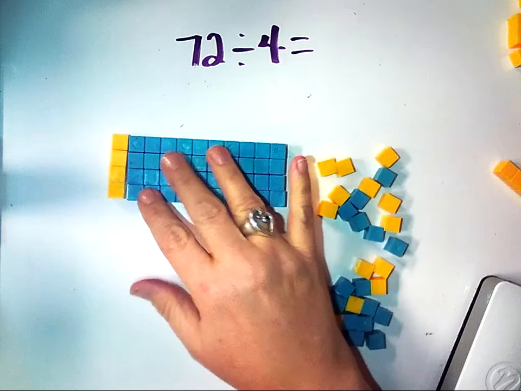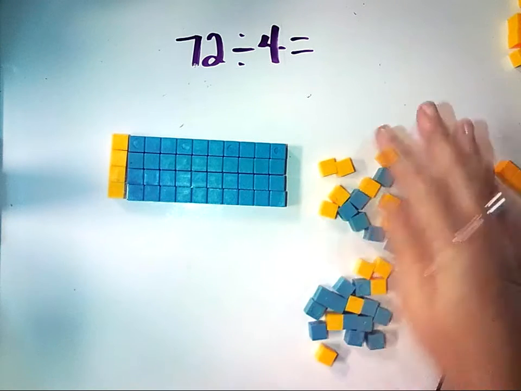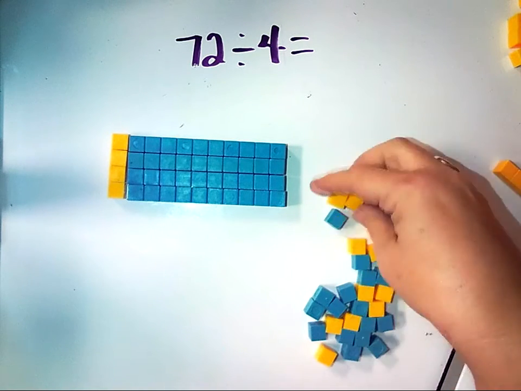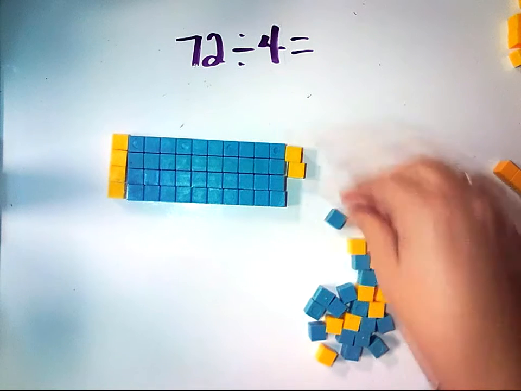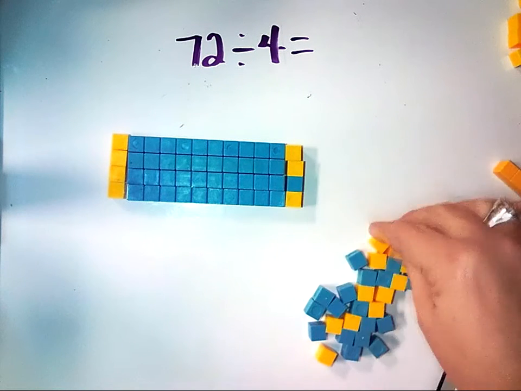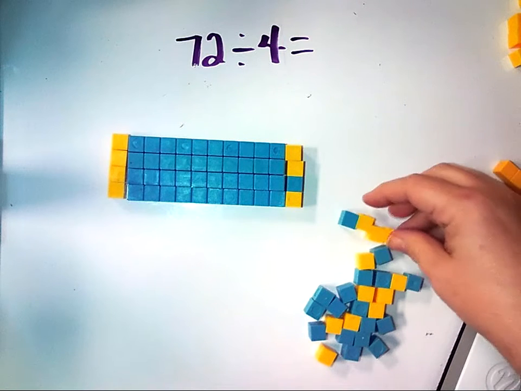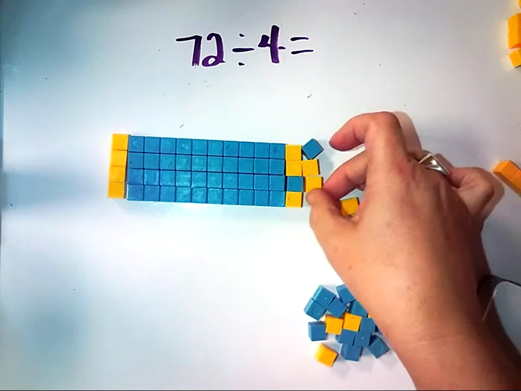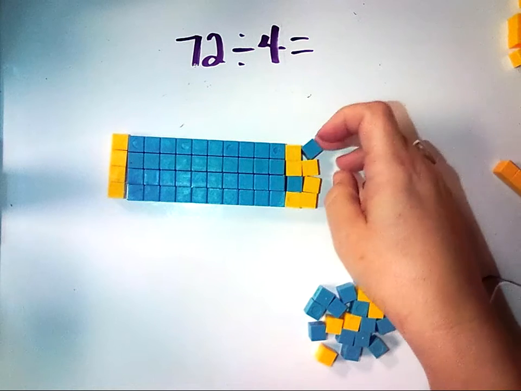10, 20, 30, 40. And we've already exchanged this. So we begin to build them here. 4 there. Four more.